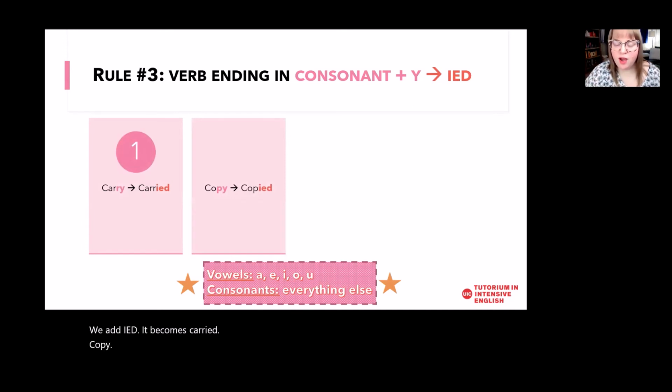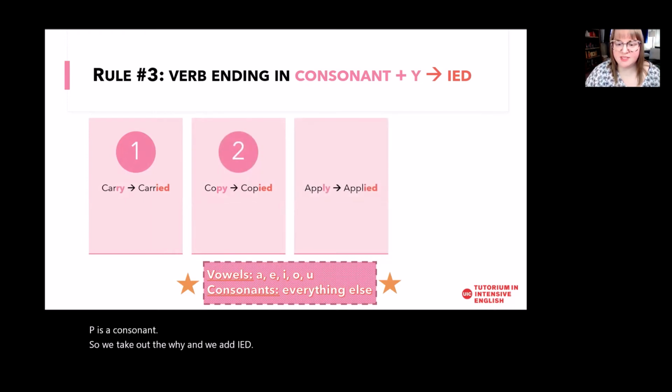Look before the Y, there's a P. P is a consonant. So we take out the Y and we add IED. Next, apply. Look before the Y. L is a consonant. Take out the Y, add IED, applied.